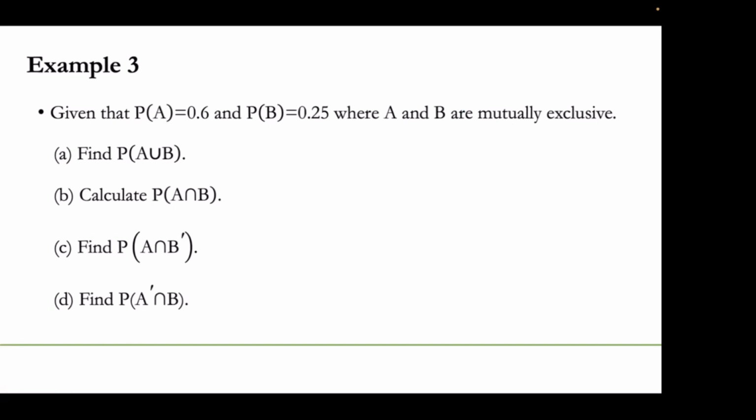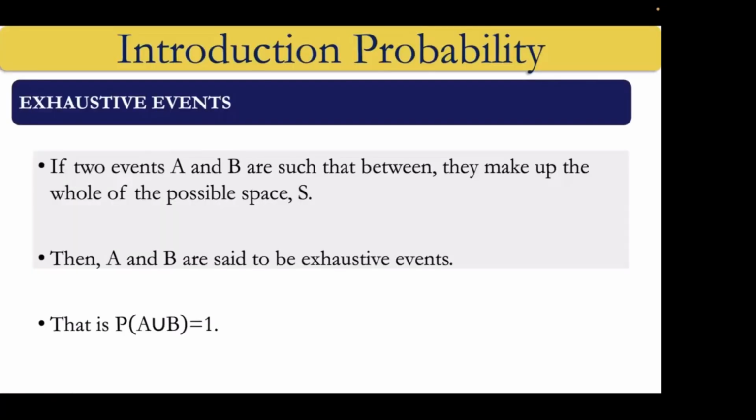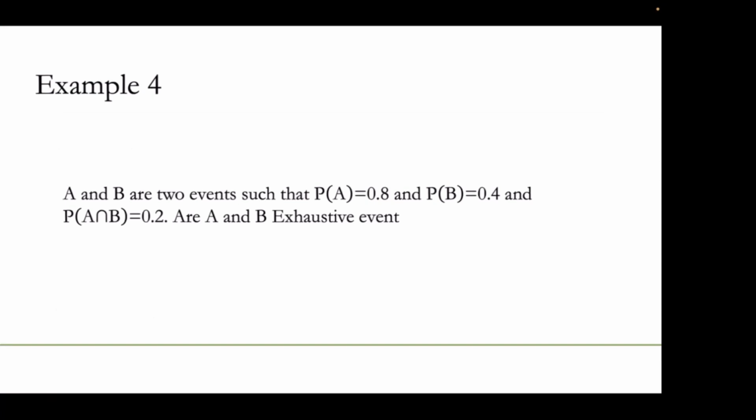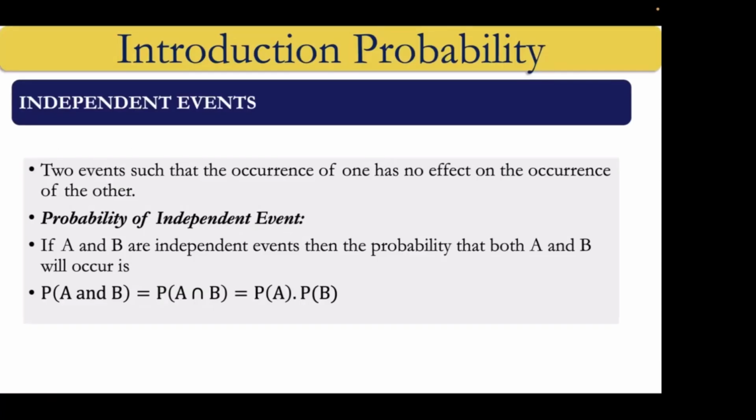Since they are saying A and B are mutually exclusive, automatically the probability of A intersection B is 0 because there is no intersection. But if they said they are independent, then you would have said the probability of A multiplied by the probability of B. That's the difference between independent and mutually exclusive.